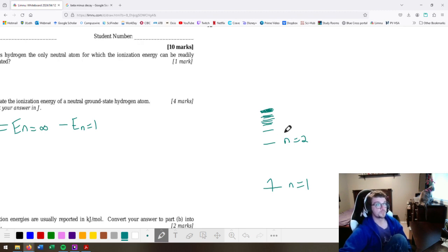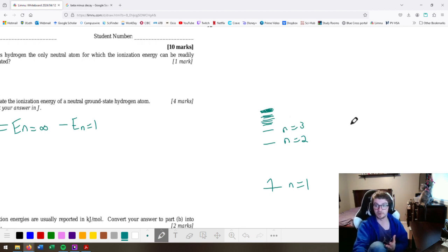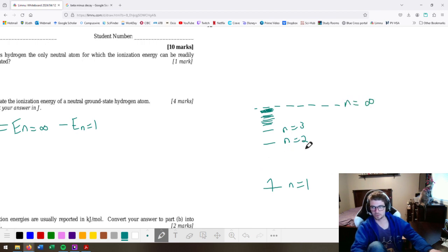Okay, so these are all different energy levels that an electron can occupy while remaining associated with the atom. N equals infinity, or close enough.